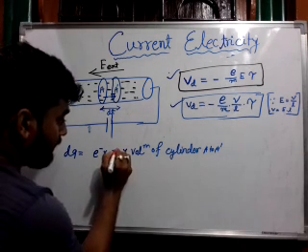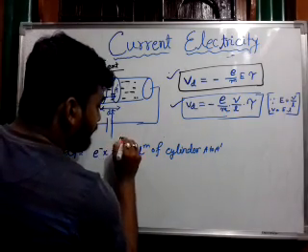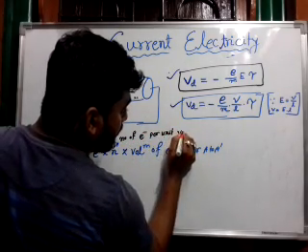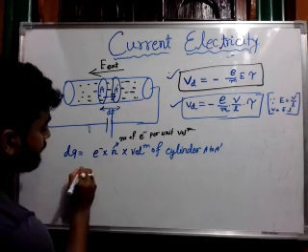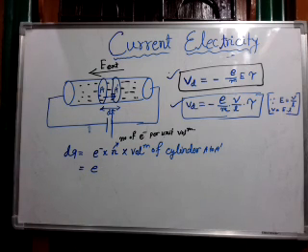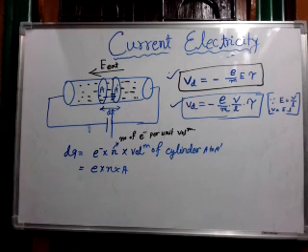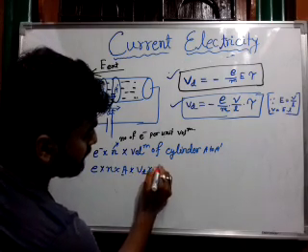That is equal to e into n into A, the volume of the cylinder, which is area into velocity into time dt.